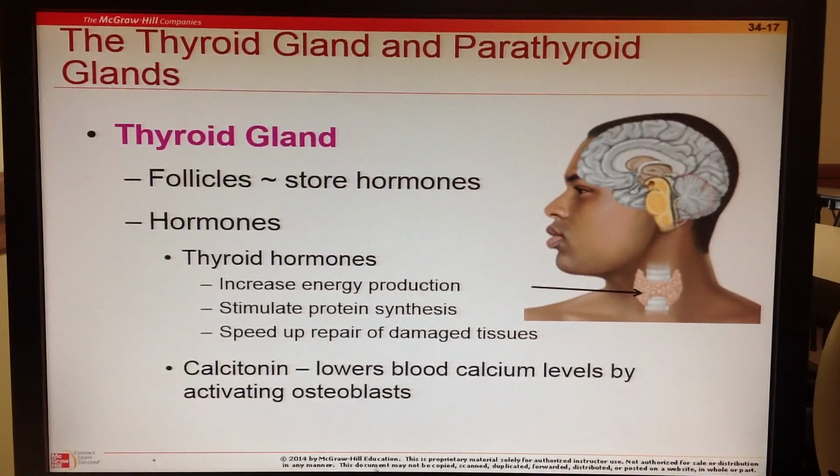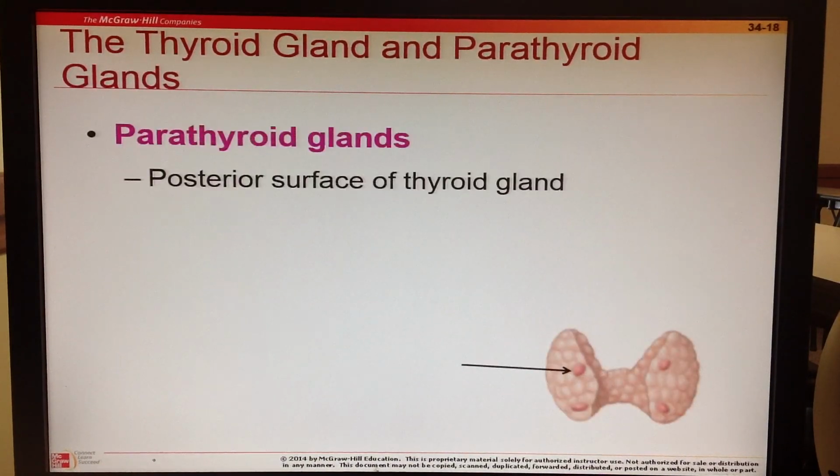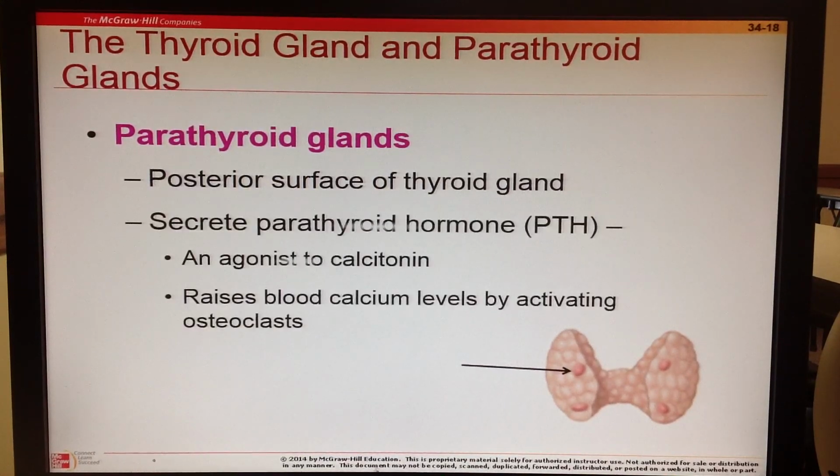Calcitonin is also released. Calcitonin is actually about lowering blood calcium levels. Now the thyroid gland is also kind of interesting. It actually has 2 sets, or 4 parathyroid glands, on the back of it. And they produce something called parathyroid hormone.